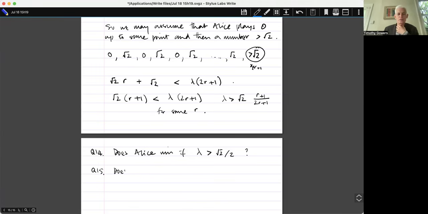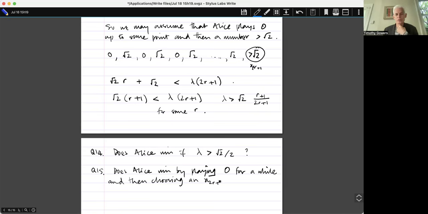Does Alice win by playing 0 for a while, and then choosing an x2r plus 1 to be as large as possible?